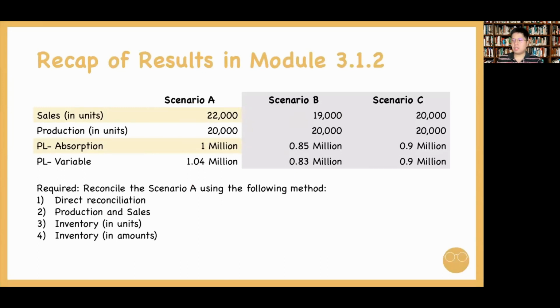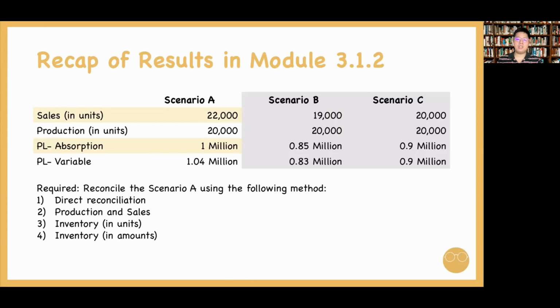A recap on scenario A: sales in units is 22,000, production in units is 20,000, the profit under absorption costing is 1 million, and the profit under variable costing is 1,040,000 pesos. The requirement here is to reconcile scenario A using the following methods.